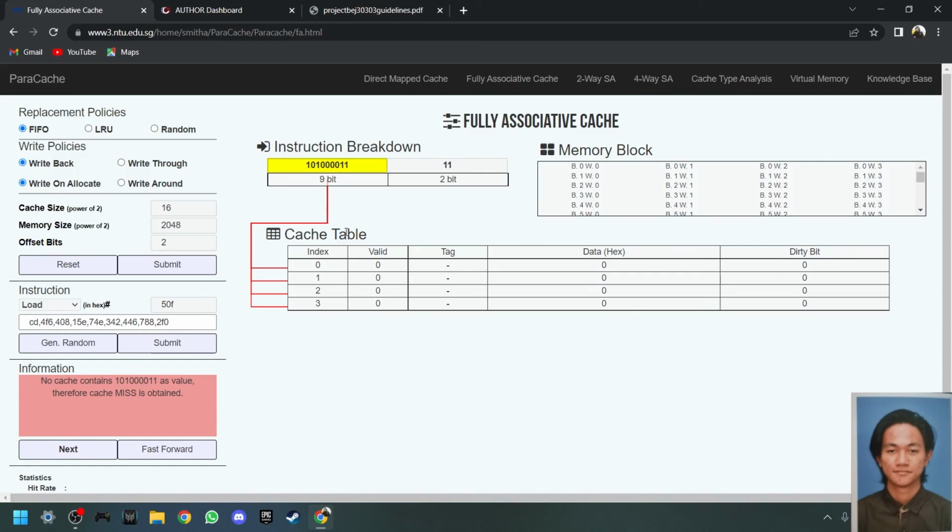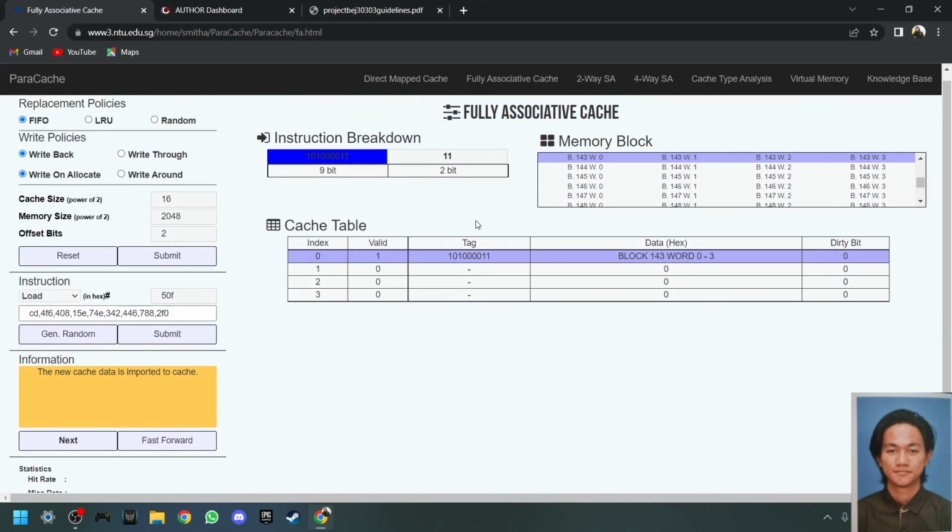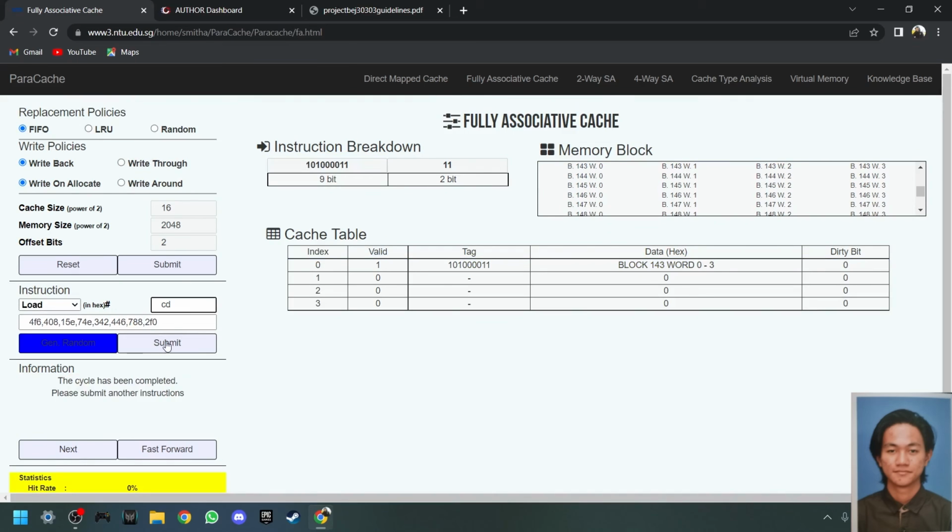This 50F is not stored in any cache block, so it is a miss. Then it is being stored here, the first one. Okay, next.